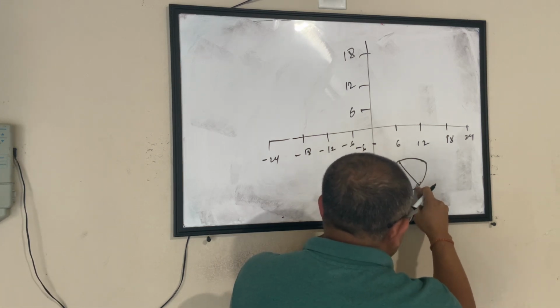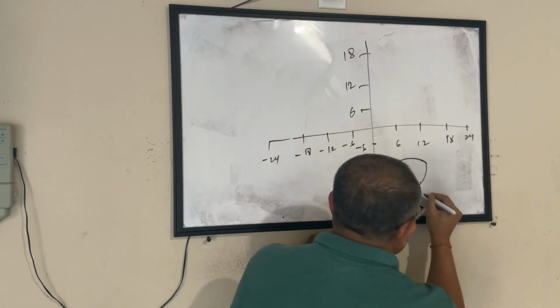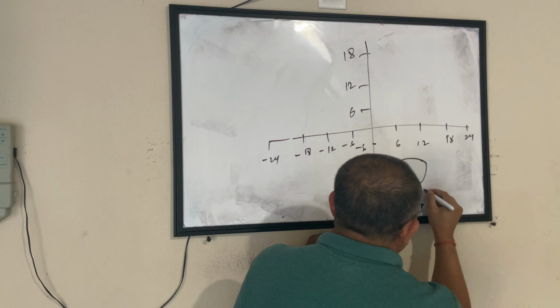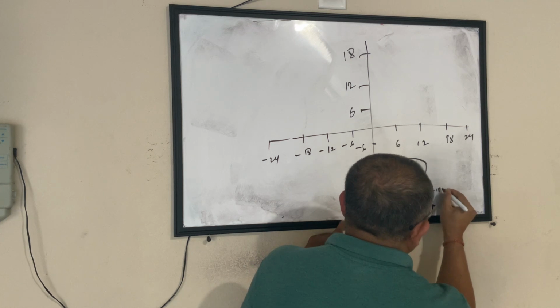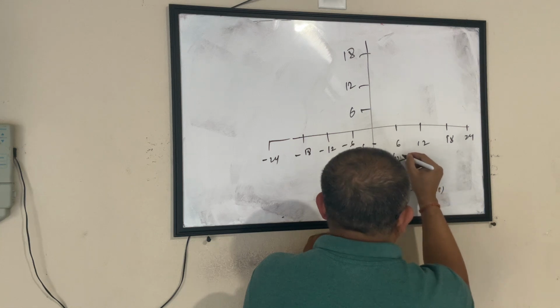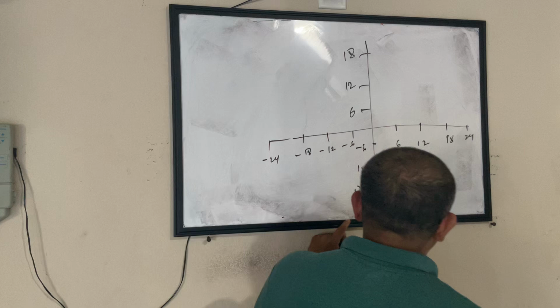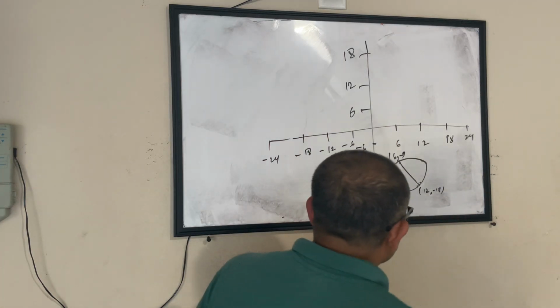Less hair and only glasses. Okay. Now these are 2 points. This is 12 minus 18 and this is 6 minus 9, right?